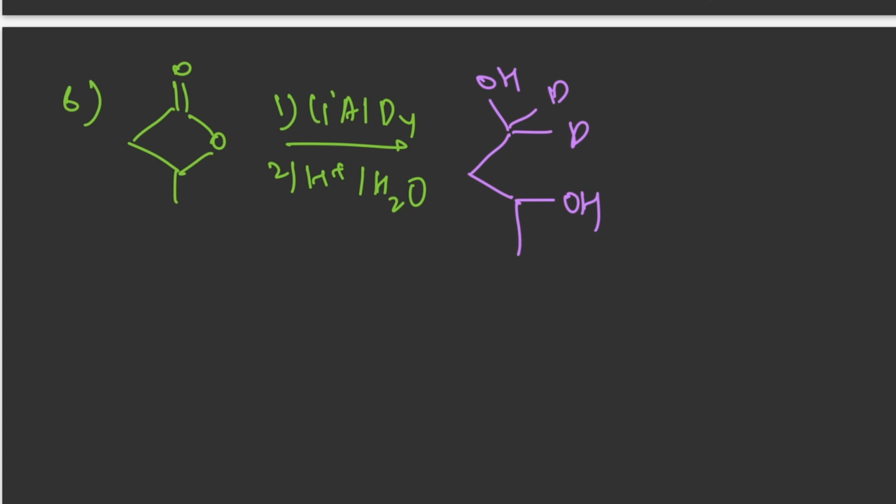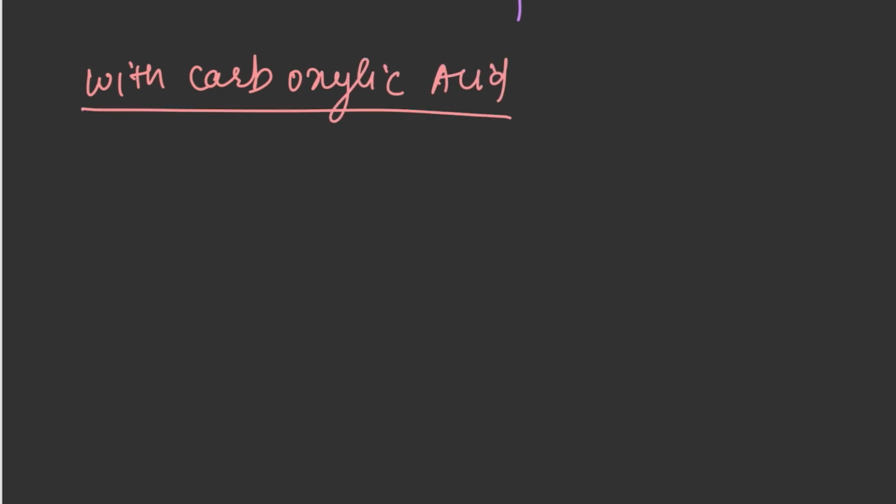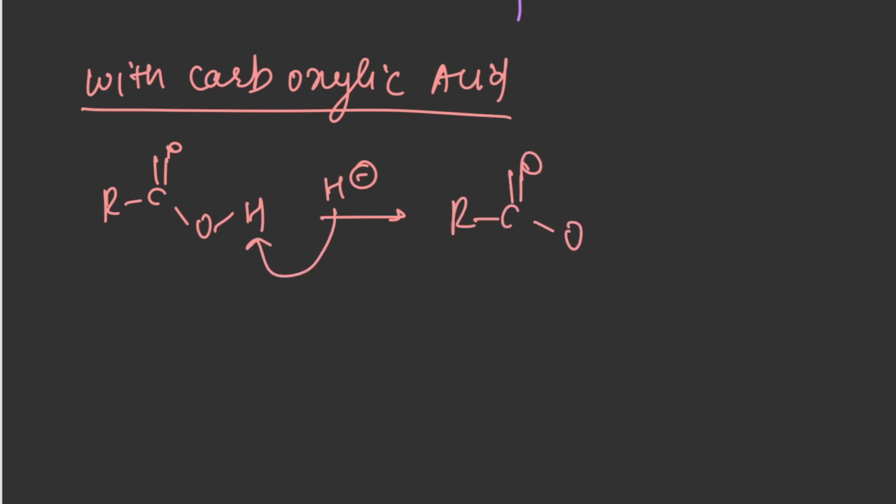Now let's talk about the reaction of LiAlH4 with carboxylic acid. How does it react with carboxylic acid? Let's say we have an acid. H minus from LiAlH4 will act as a base because it is an acid, so it will leave. It will form RC=O negative, and hydrogen gas will leave from here. When hydrogen gas leaves, Li plus will form.